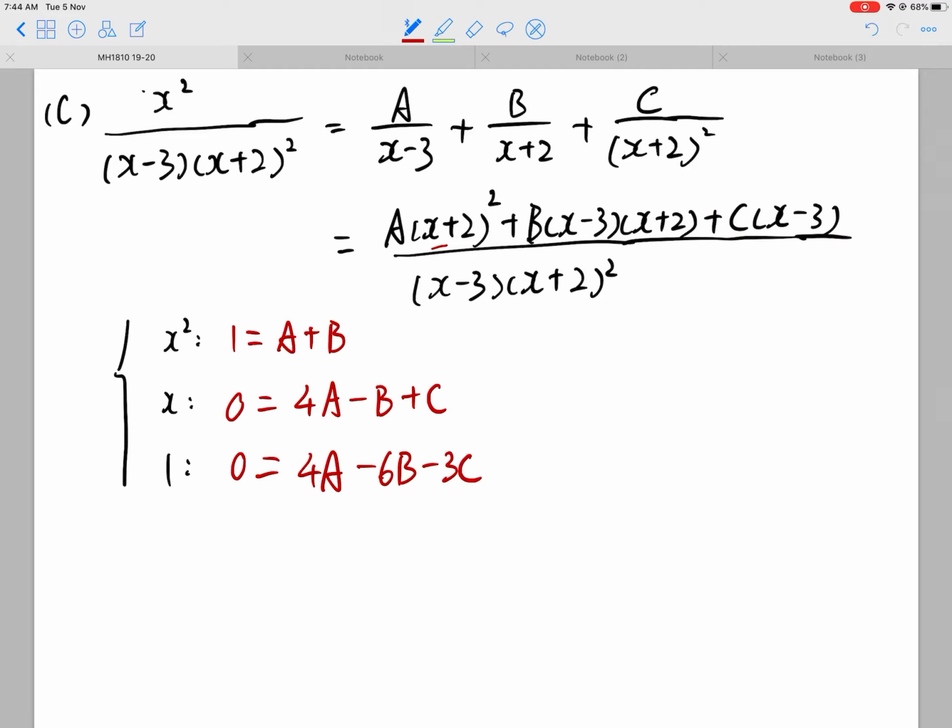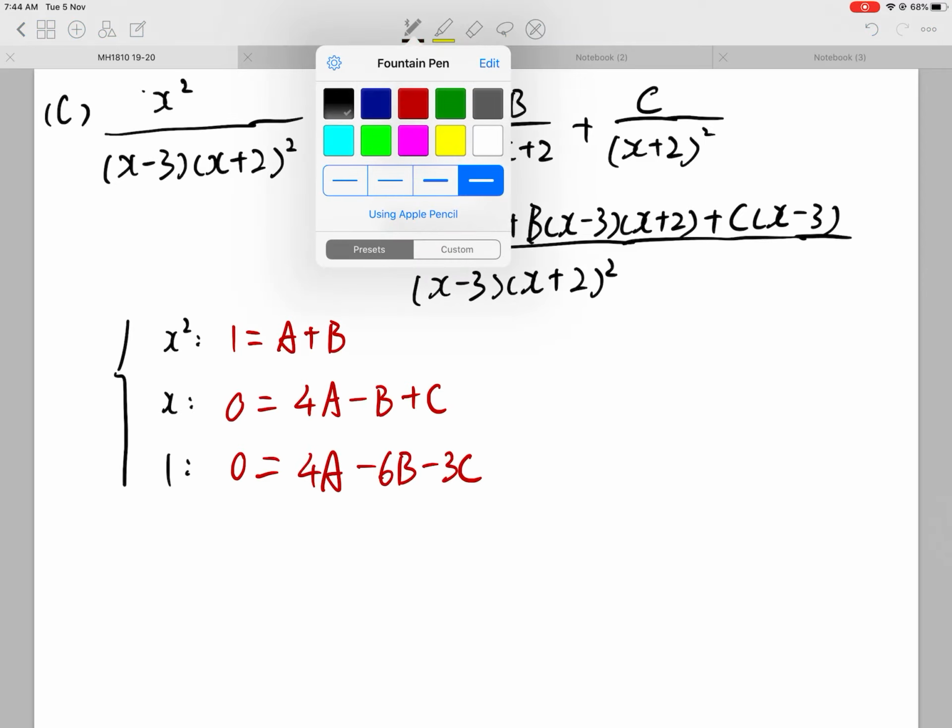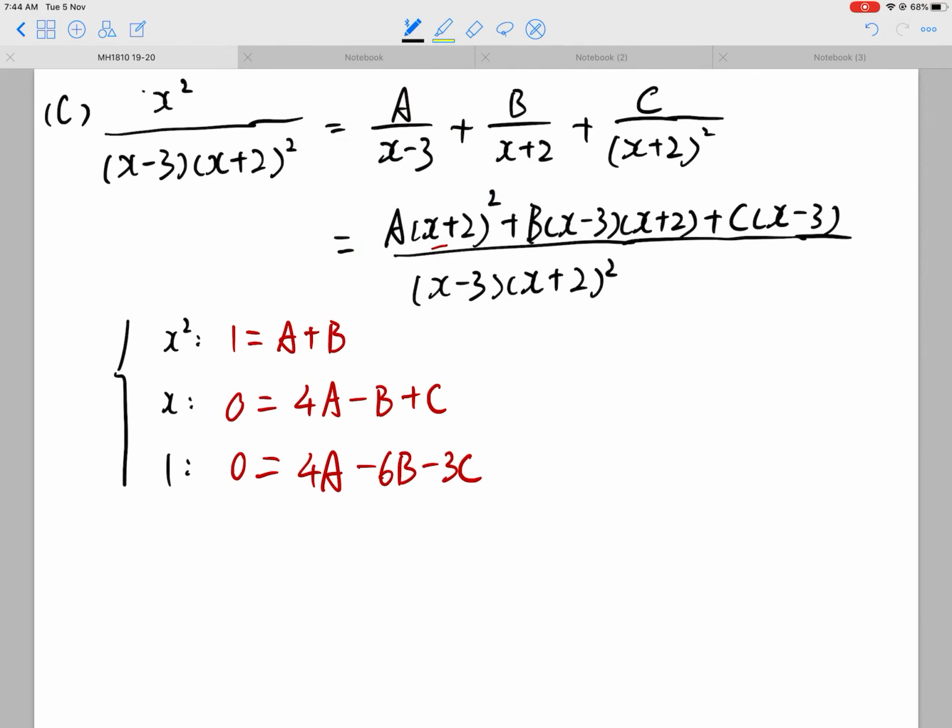So for example, for these, you use this equation times 3 plus the last equation, and you get 0 equals 16a minus 9b. Then c cancels out.